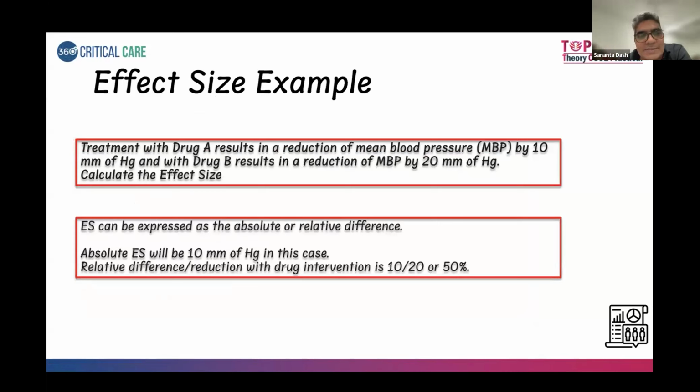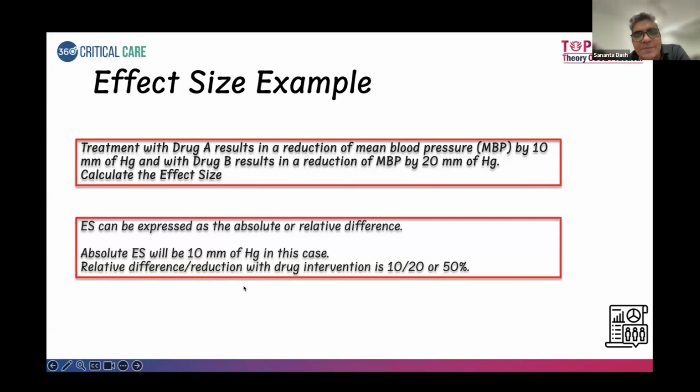Now, an effect size example. Suppose you're checking a drug: treatment with drug A results in a reduction in the mean blood pressure by 10, and with drug B, the resultant drop is 20. So calculate the effect size. Effect size can be expressed as an absolute or a relative difference. The absolute effect size is 10: one is reducing by 20, the other by 10, so the absolute effect size is 10 millimeters of mercury.